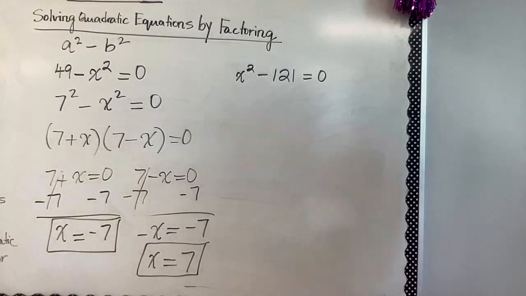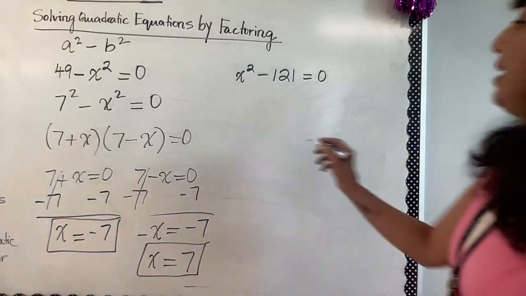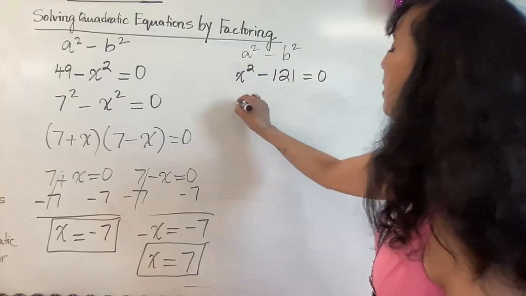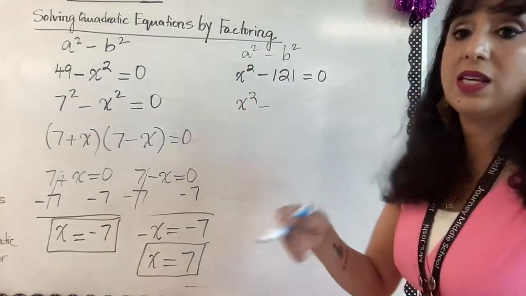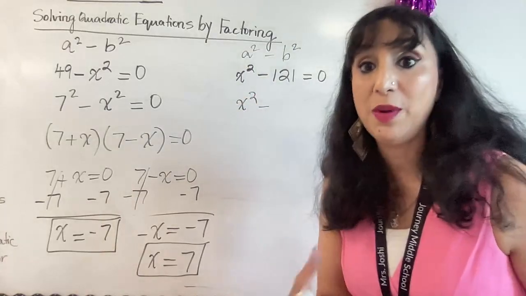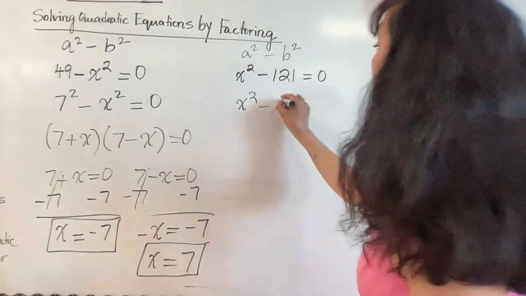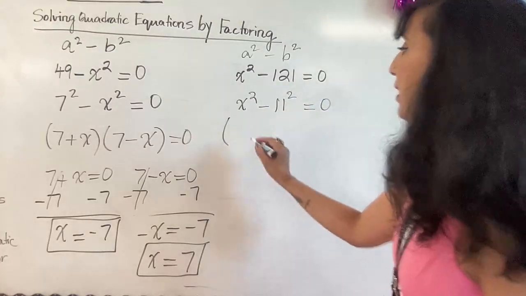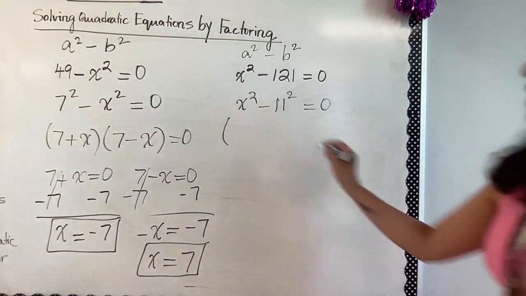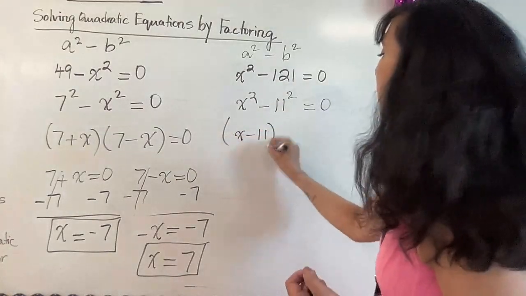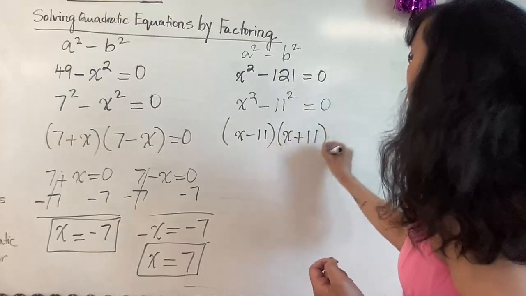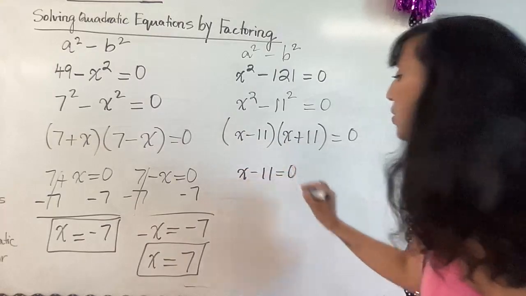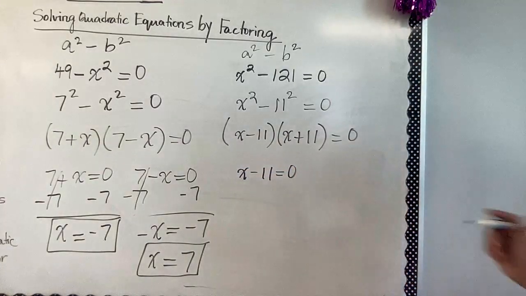X squared minus 121. So this is like saying again, a squared minus b squared. This means x squared minus 121 is a perfect square, because 11 times 11 is going to give me 121, is equal to 0. So we will write it out as x minus 11, x plus 11 is equal to 0, and then we are going to use the zero product property.